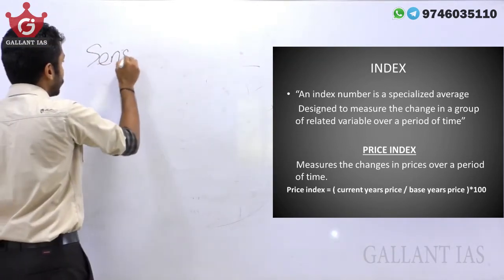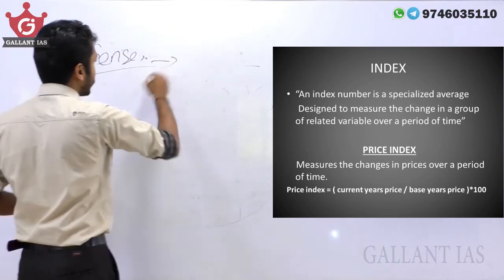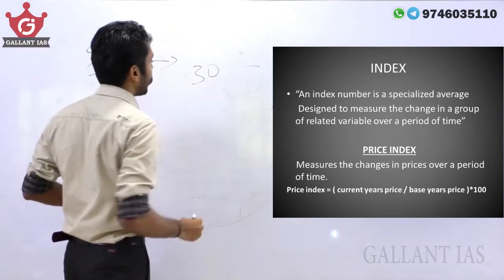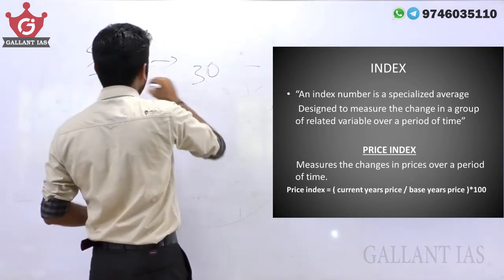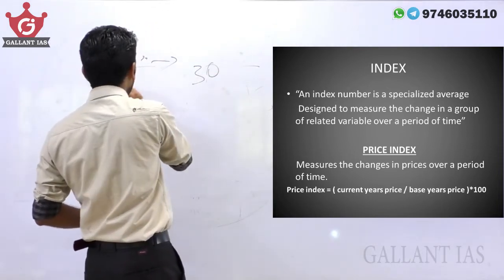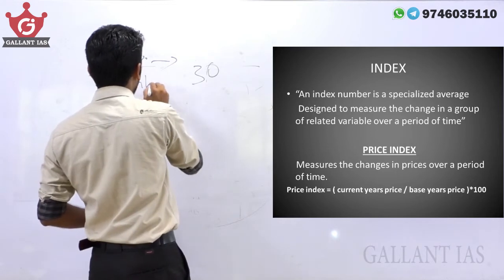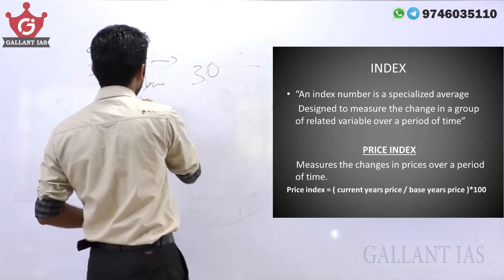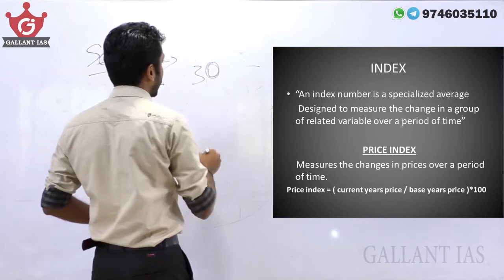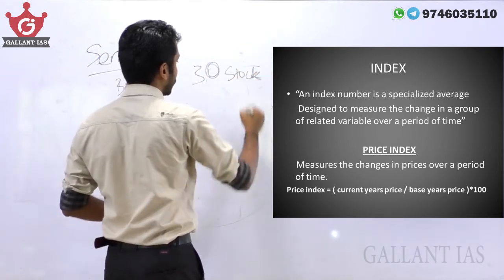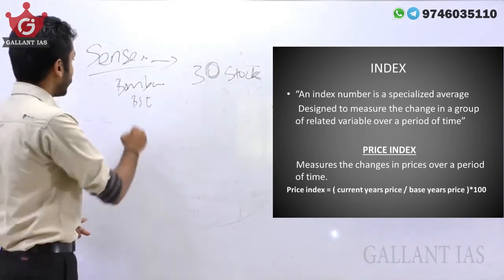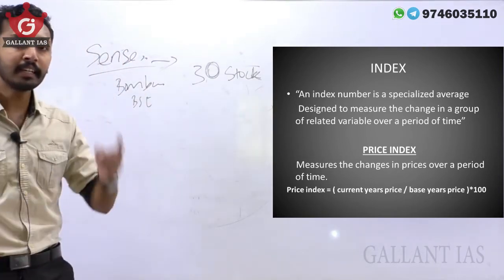The Sensex is a specialized average of 30 important stocks, the shares of 30 important companies listed on the Bombay Stock Exchange, that is BSE. That is the BSE Sensex, an index.